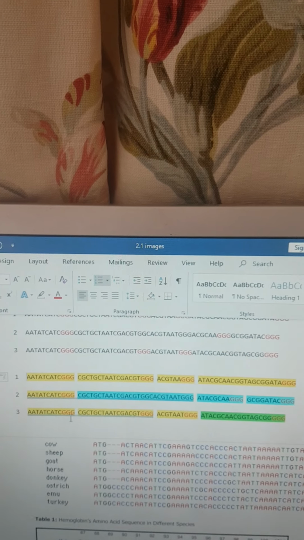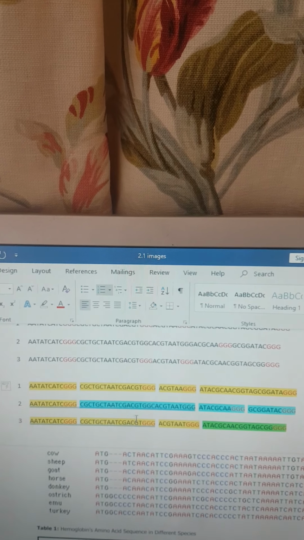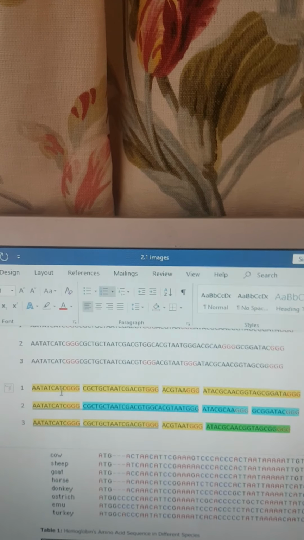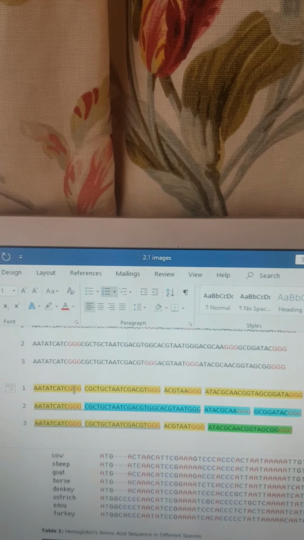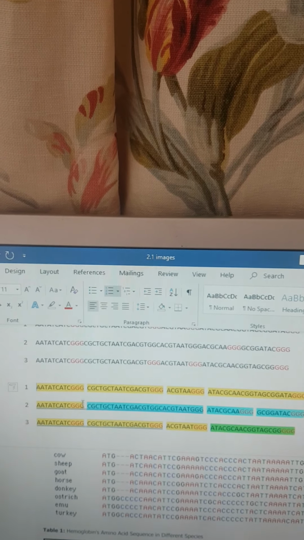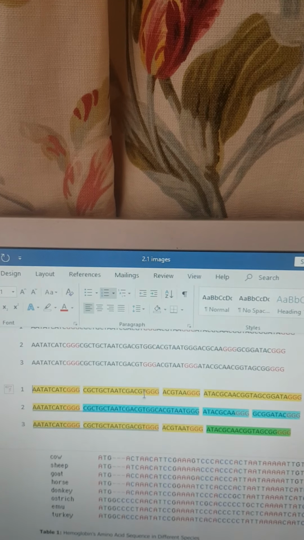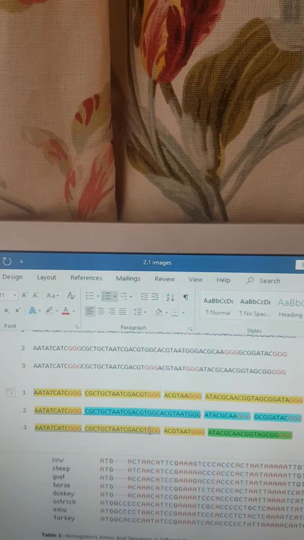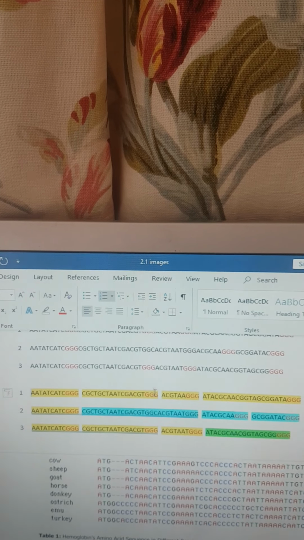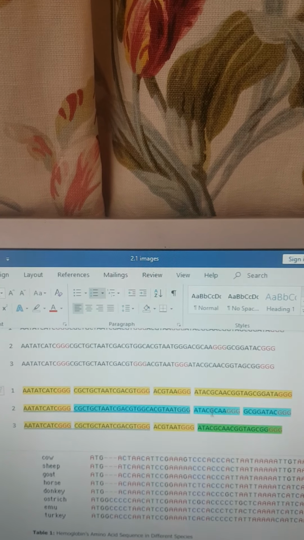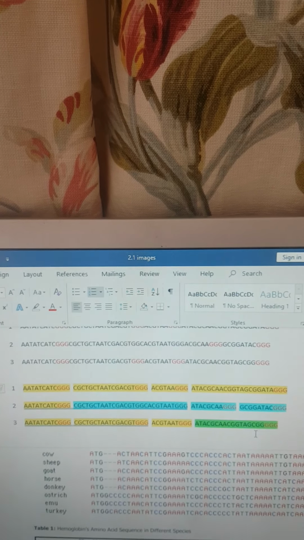Now, species 3 is pretty similar to species 1. All 3 of them have the same initial length cut there, but species 3 would have the same 2nd band as well, even the same third band, but its fourth band would be slightly different.